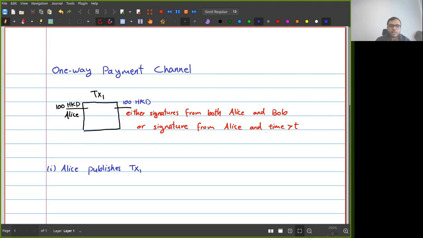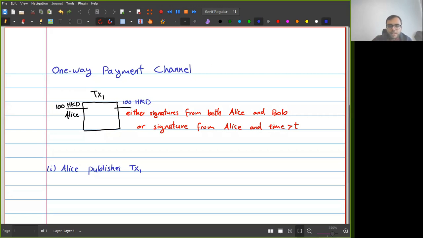Here the idea is that we want Alice to be able to pay Bob until a while before t, because we also want to consider what happens if the transactions need confirmations and things like that.